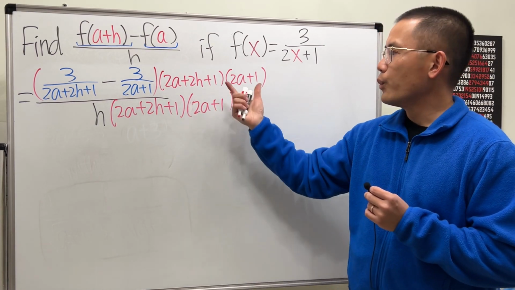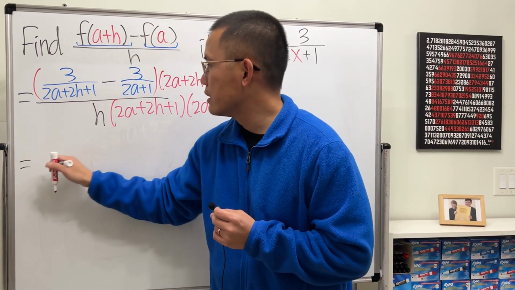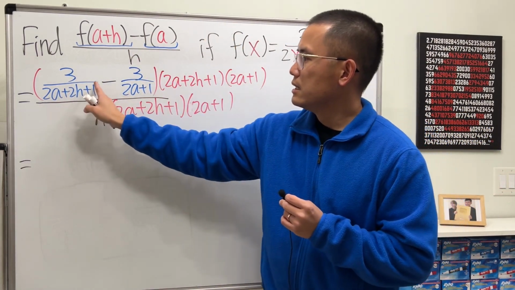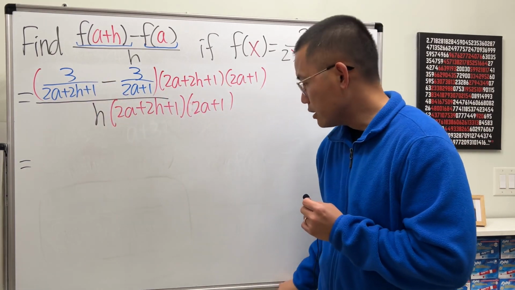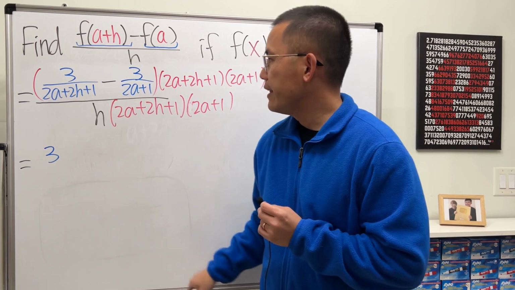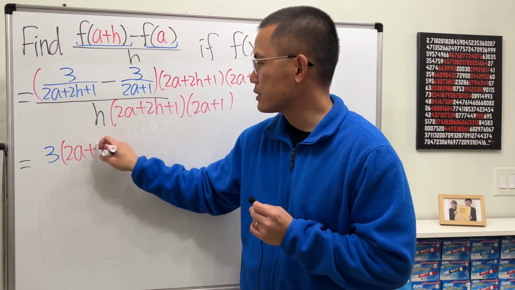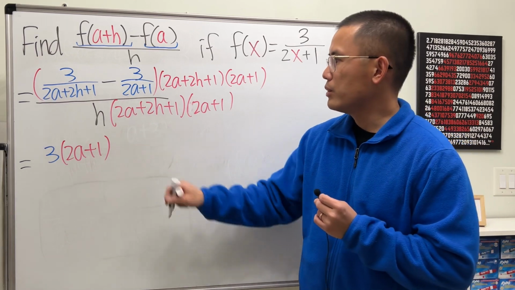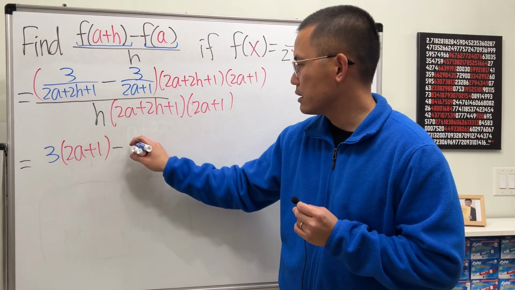Alright, now we will take this, multiply it with that. So have a look. When we do that, this denominator and this will cancel. So we have the 3 right here. And then we will have to multiply with the 2a plus 1. To continue, we have the minus, and then this 3 stays here.